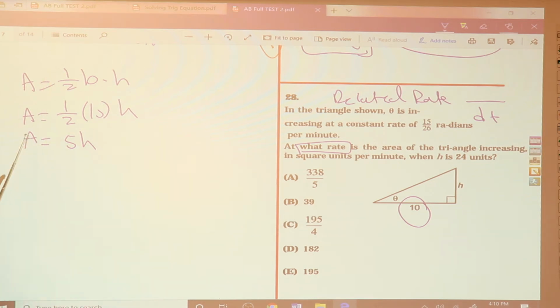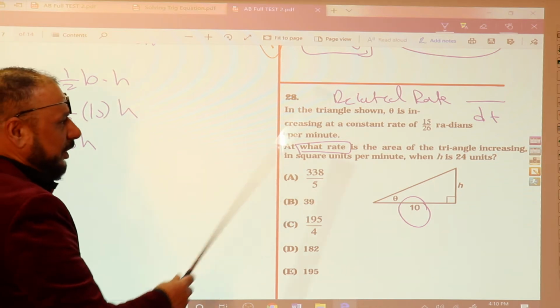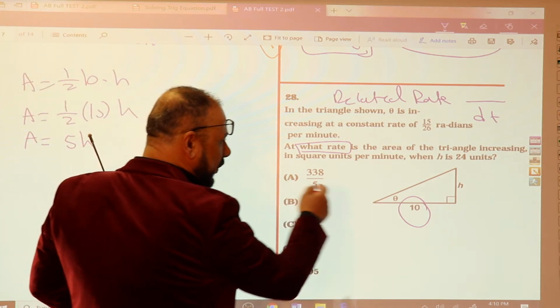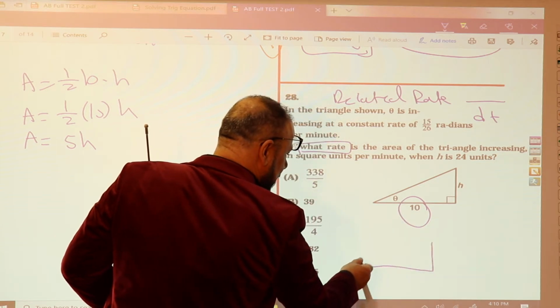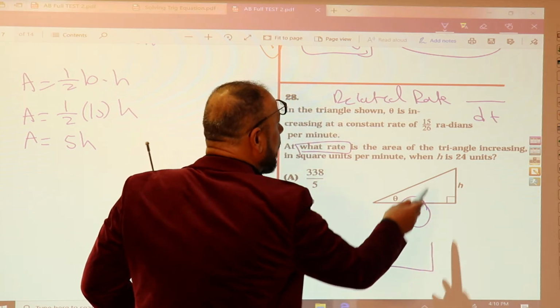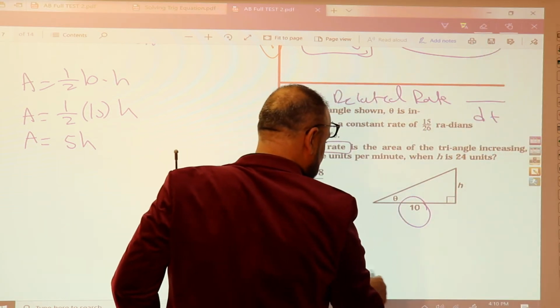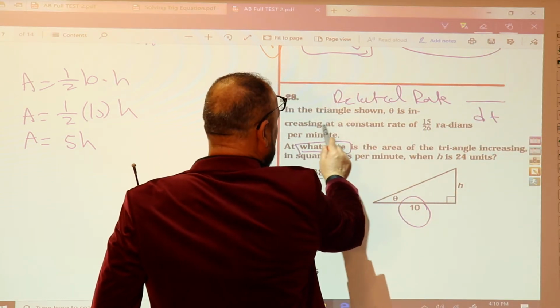Then I have A and H, both of them changing, right? Why both of them changing? Because look at the triangle, this guy. The angle is increasing, he said increasing.